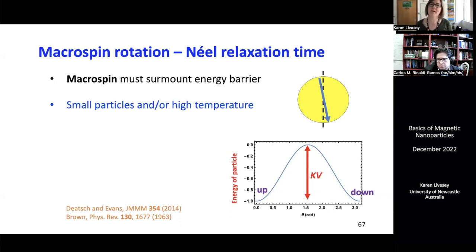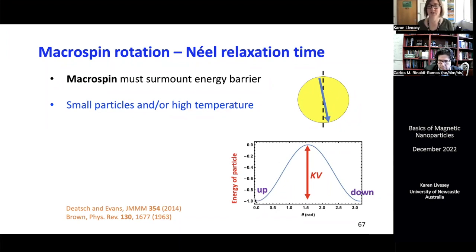That barrier we talked about last time is smaller if the volume of the particle, V, is smaller. So this is a dominant relaxation method for small particles, where the barrier to reversal is smaller, and so it's easier for that macrospin to surmount the barrier. The other way we can make it easier is to heat up the particles.